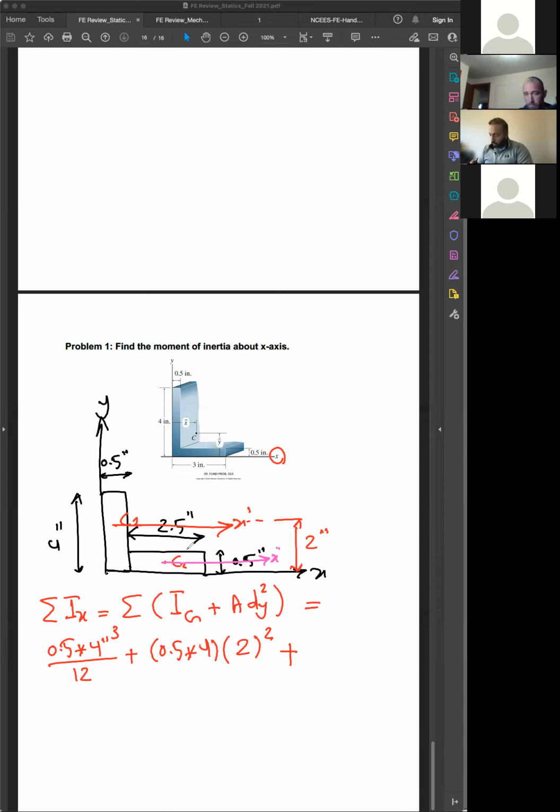It would be the other side, which is 2.5, multiplied by the side where the axis is perpendicular, which is half an inch to the power of 3, over 12, plus the area, 2.5 times half. What is the distance now? The distance from your x double prime to the x-axis, which is the axis of interest for you, is half over 2, 1.25.